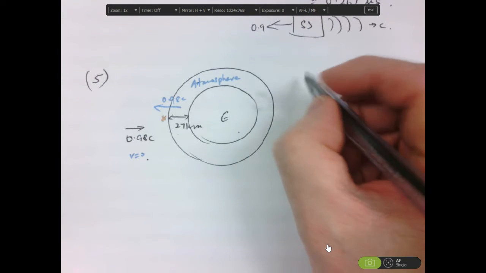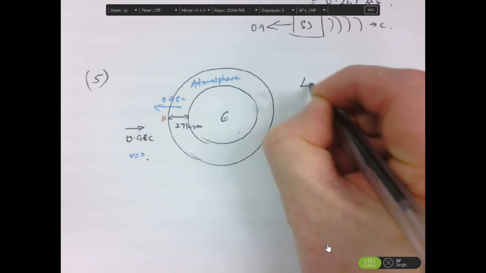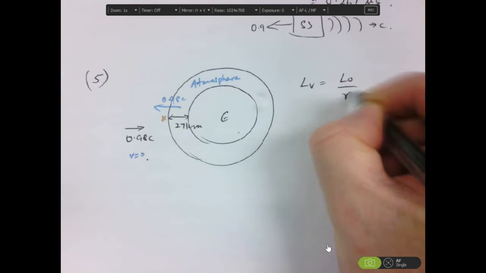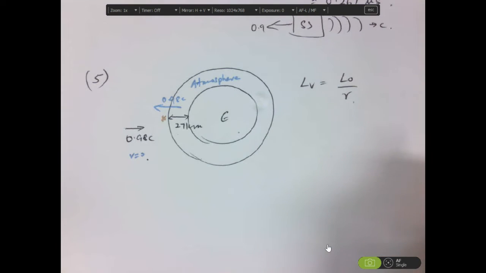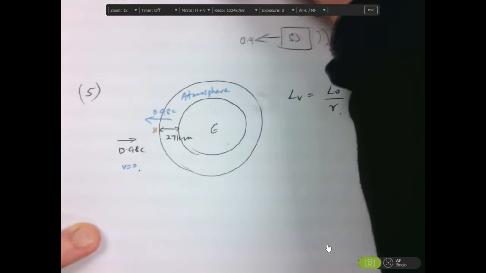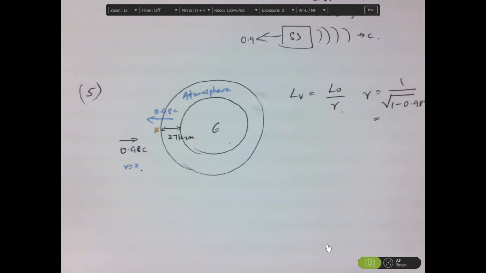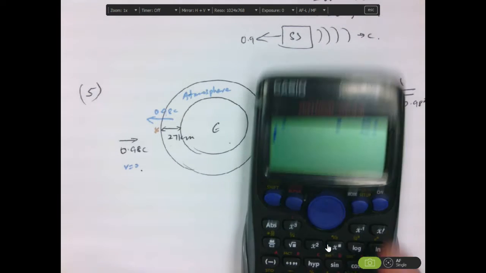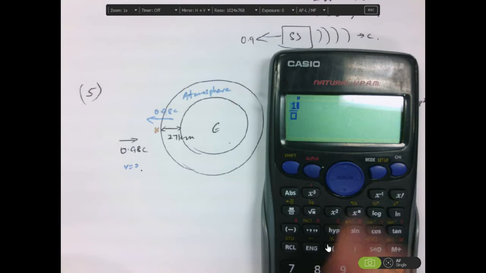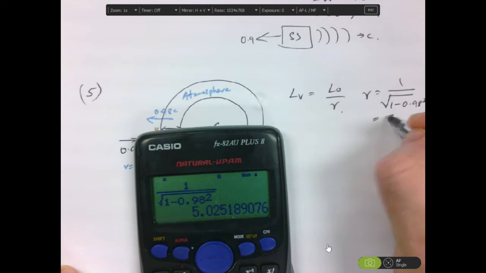So let's work out what we need. We need L equals L naught over gamma. So we need a gamma factor for the situation. So the gamma would equal 1 over the square root of 1 minus 0.98 squared. It's 5.025.